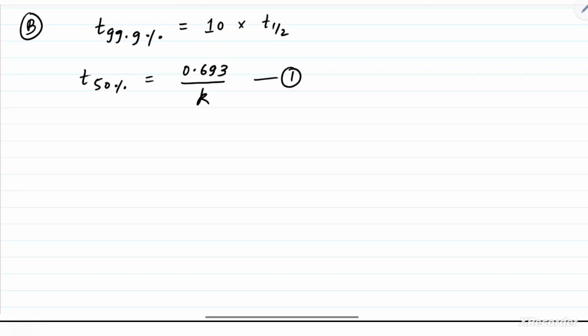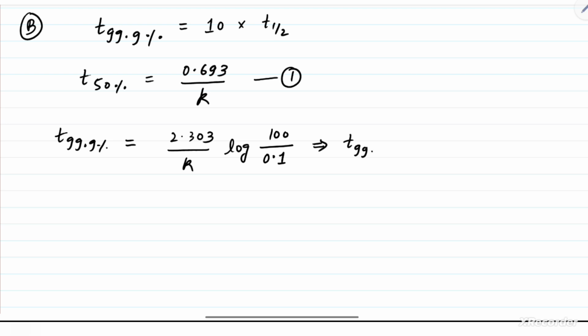For T 99.9%, this will be 2.303 by K log. Initial concentration is 100. Now, if the reaction is completed by 99.9%, whatever is left is 0.1%. When I rearrange this, T 99.9% will be equals to 2.303 by K, and removing the decimal point, this will be log 1000.